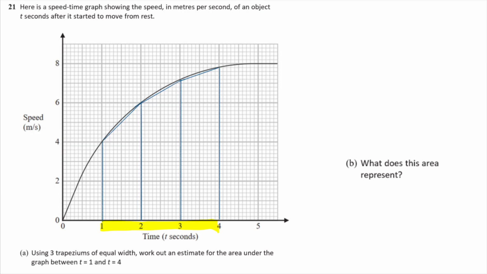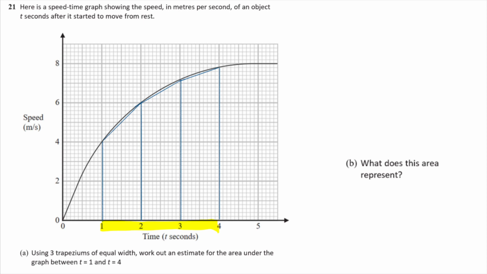Now there is actually something called the trapezium rule that you learn at A level, which is pretty much this technique, but I'm assuming you don't know the trapezium rule formula because you're in year 11, you're a GCSE student. So what we're going to do is just find the area of the 3 trapeziums, and add them together, old school style.